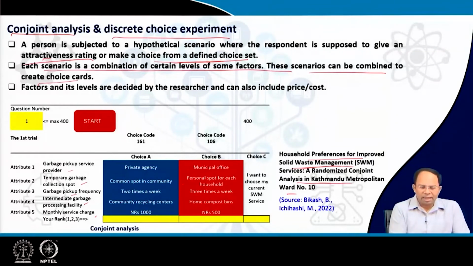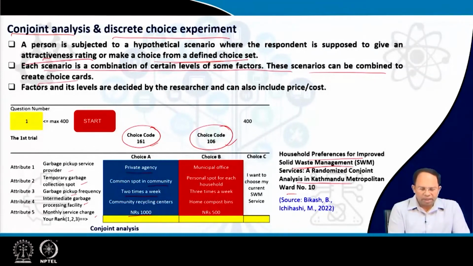Now, choice A, you can see that this is choice code 161, then the next one is choice code 106. So in this way, there are different choice cards or different options that are created. In case of choice A, garbage pickup is done by a private agency, the temporary garbage collection spot is a common spot in the community, garbage pickup frequency is 2 times a week, and the monthly charge is Nepali rupees 1000, right?